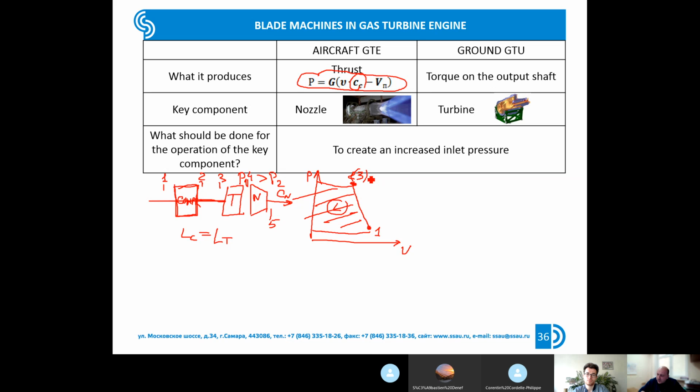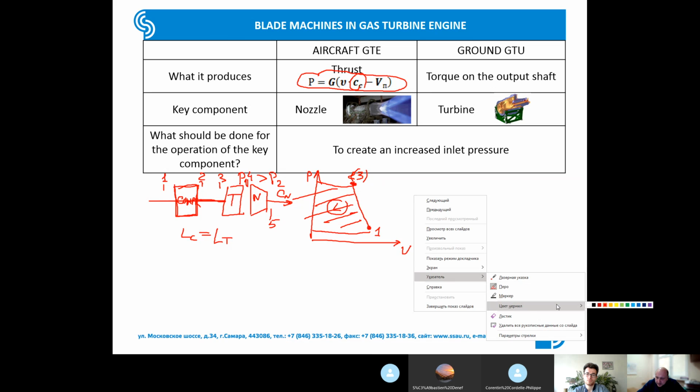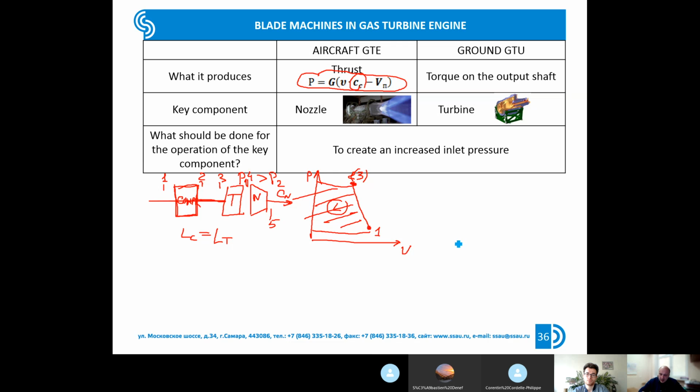And we know that the process in the turbine is adiabatic, and it will come through the line to 1, and the specific work of the turbine equals the specific work of the compressor. It means that the final point number 4 will be the same as point number 1.